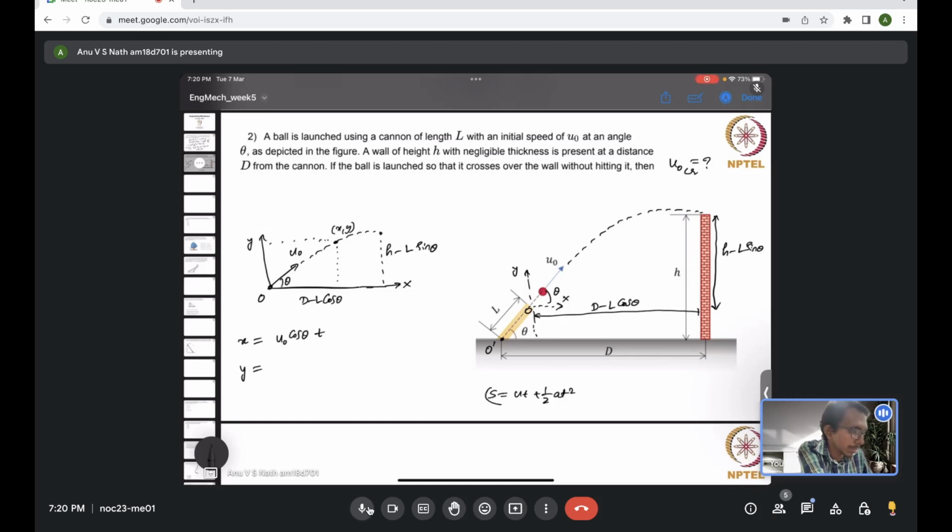This is the expression for the displacement covered by a particle starting with an initial velocity u and experiencing an acceleration a after time t.